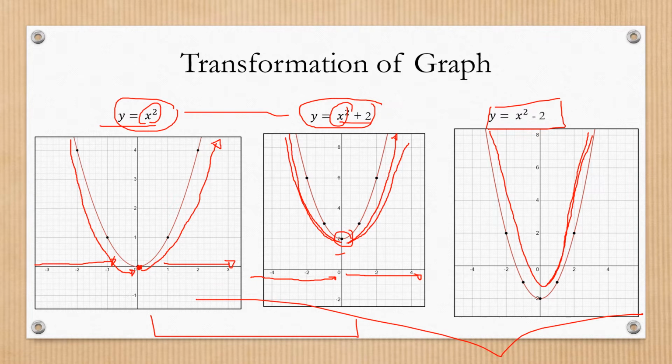However, yung dito, from the original graph, nag-move upward by 2 units. But in here, since the function is y is equal to x squared minus 2, the graph moved downward by 2 units. But take note that their behavior, whether we added plus 2 or minus 2, pareho pa rin yung behavior ng graph natin.